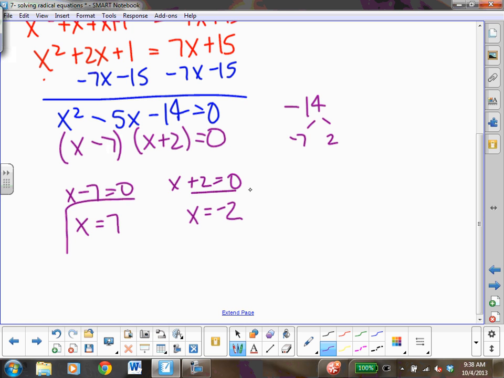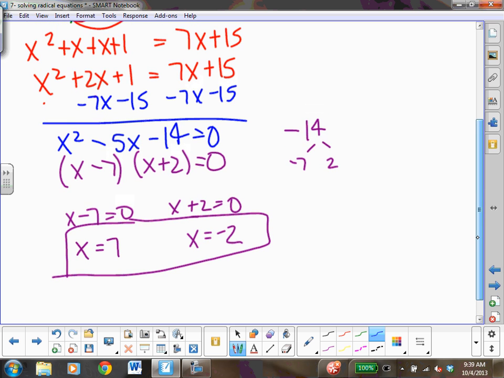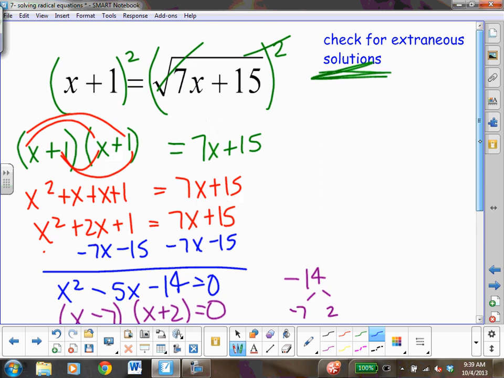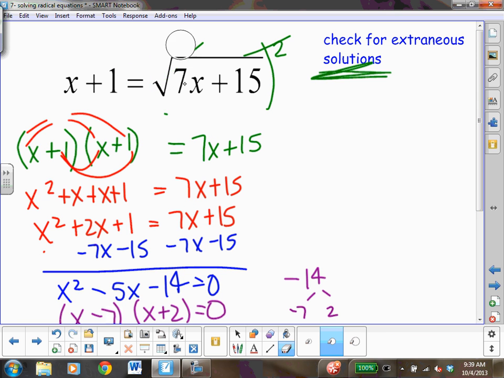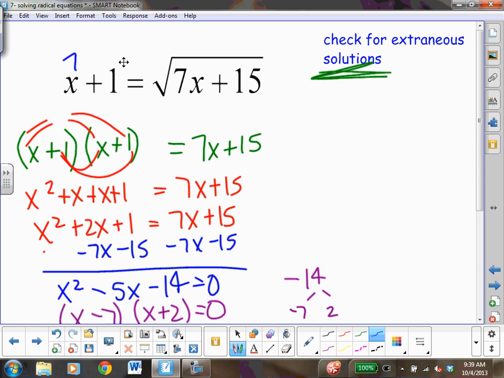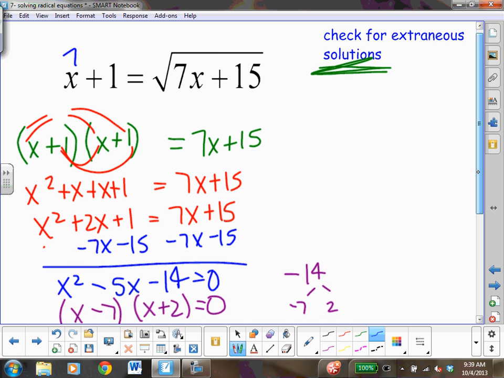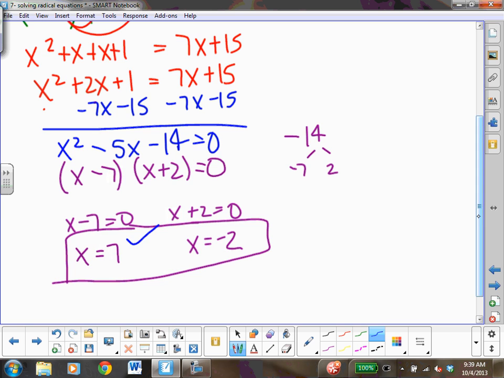Now these represent my solutions that I need to check to make sure that my radical is not going to be equal to a negative number at any place. I'm going to go back up to the top, and I'm going to focus on 7 first. So if I plug in 7 in here, 7 plus 1 is 8. So my radical is equal to a positive number, so that's a good solution.